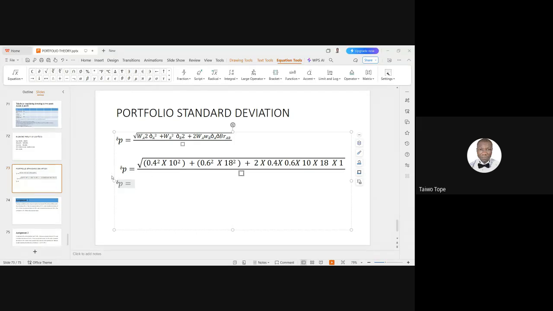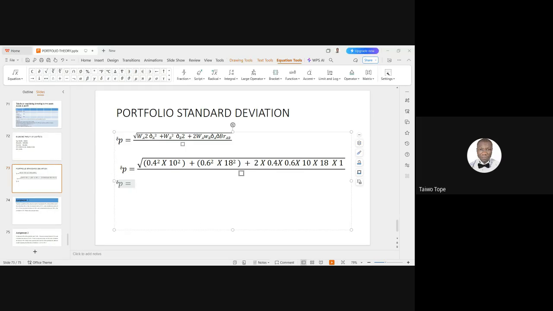So 0.4 square multiplied by 10 square, you know how you press it. You'll be writing your answer in one place.